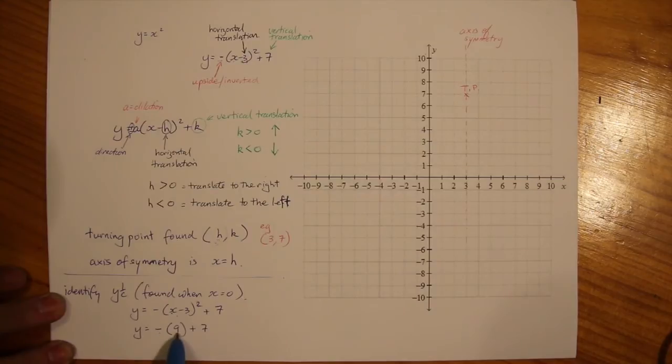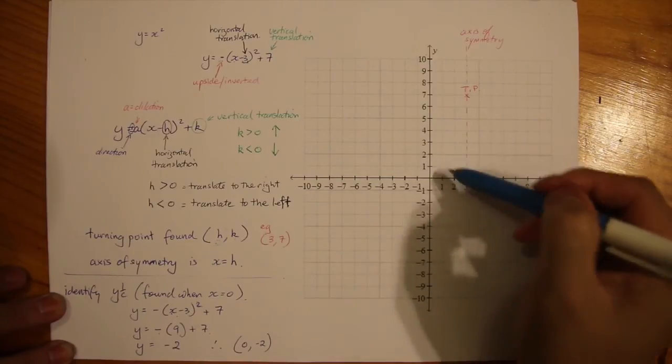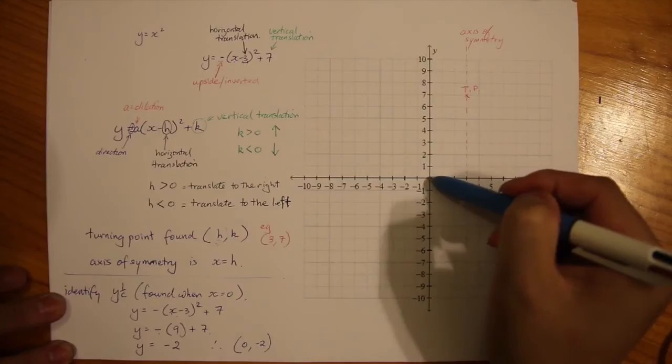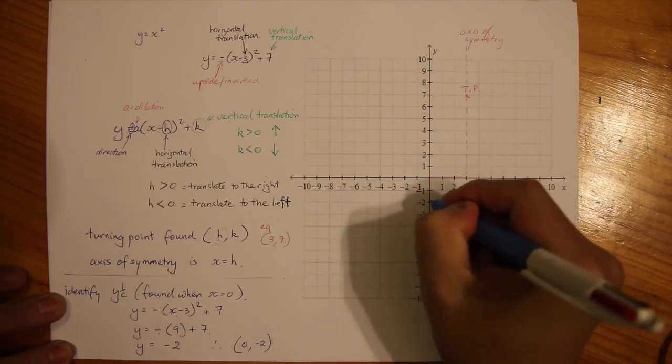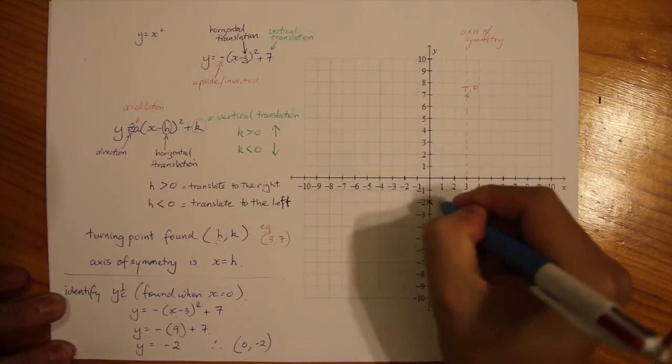Minus 9 plus 7 is going to be minus 2. So here's your y-intercept. It's going to be at 0, minus 2. So when x is 0, the y-intercept is going to be there.